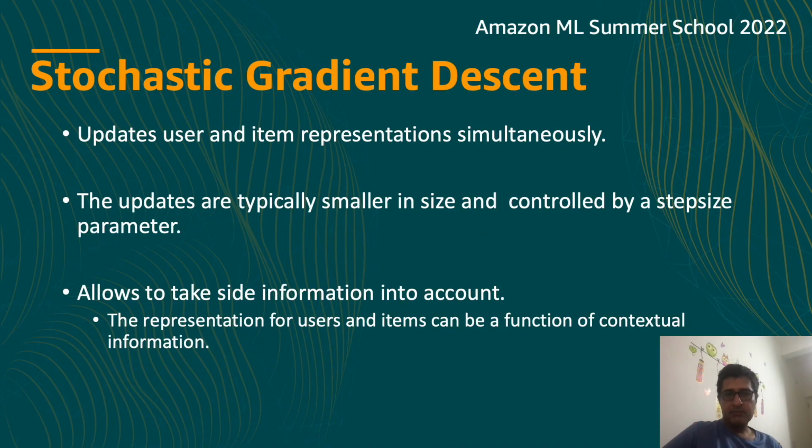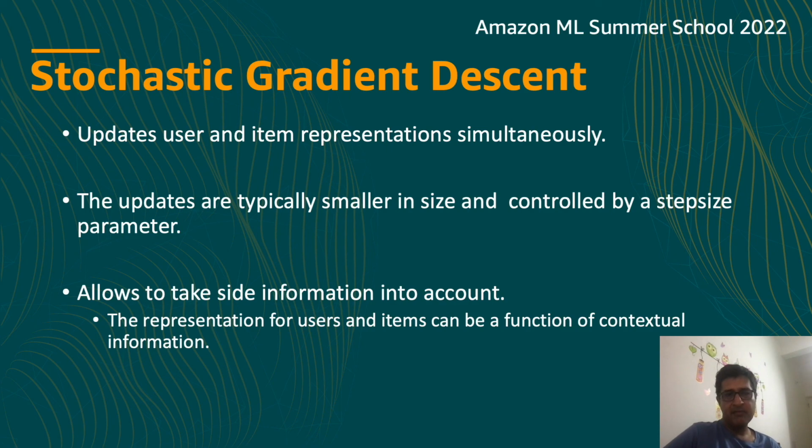Okay. And there are versions of this where you can update the user and item representations simultaneously as well. Those are much faster versions of achieving, I would say, the optimized estimates of U and V themselves.